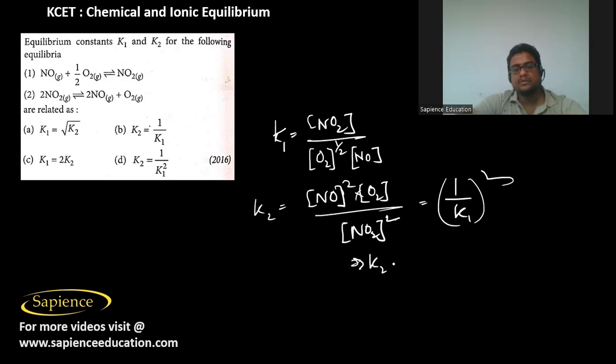It means that K2 equals 1 by K1 square. So option D is the correct answer.